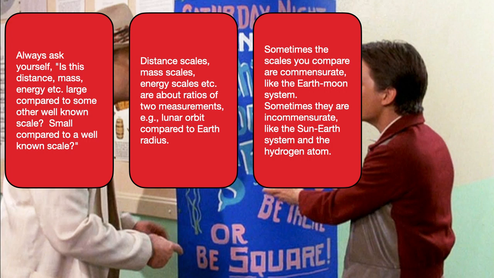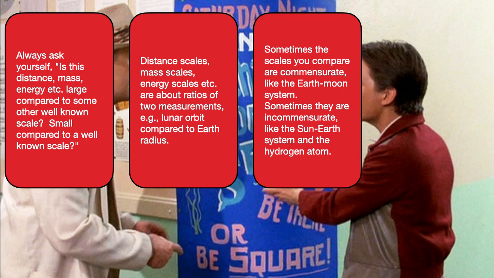That means the distance scales are compatible. In other words, they're not too bodacious. But if you have something that's really bodacious, like the Sun-Earth system or the hydrogen atom, you would call at least some of those distance scales incommensurate.